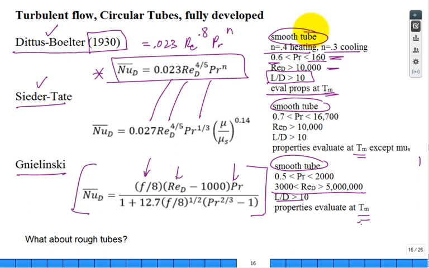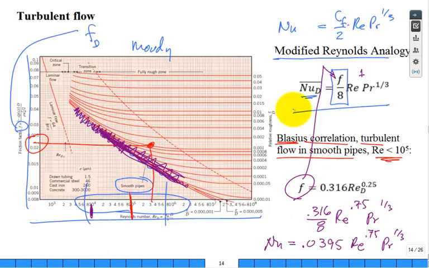Somebody says, what happens if you have a rough tube? Two things you can do. You can use this equation and use the f. Even though it was not developed with smooth tube data, you can still extend it a little bit. That's actually what the book says to do in some cases. Or you can just forget about it and go back to this equation right here.